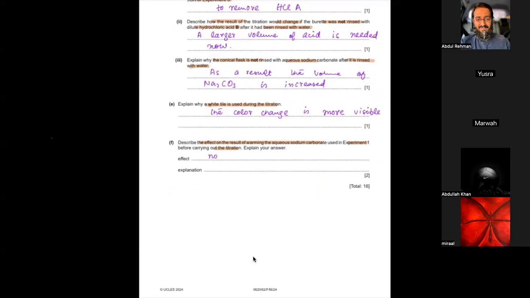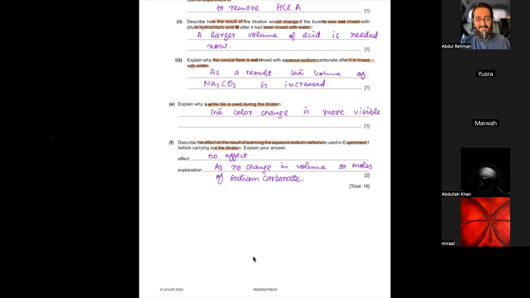So there is going to be no effect, as there is no change in volume or moles of sodium carbonate. Is this understandable to all of you?